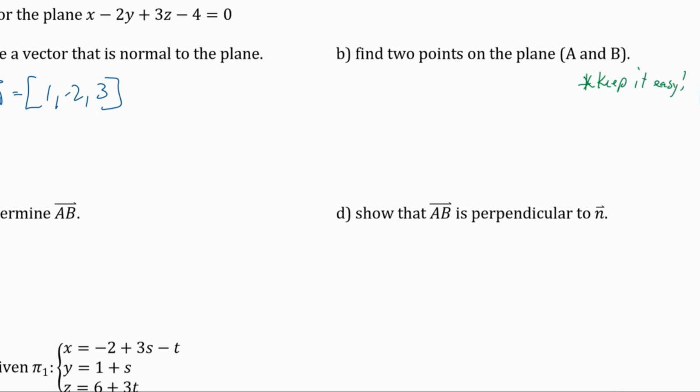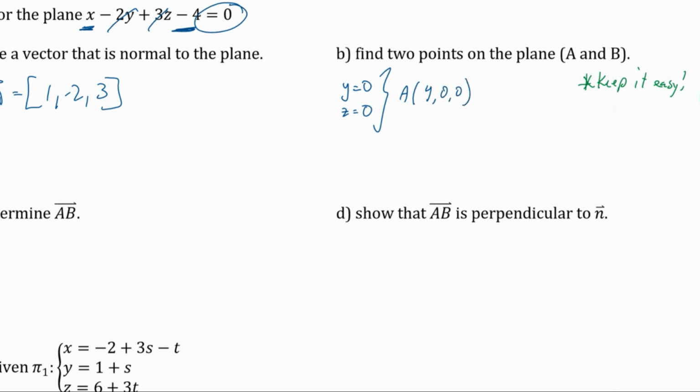So how about I choose some intercepts? What if I set y equal to 0 and z equal to 0? Now I'm looking at that scalar equation. That's going to give me, I'll call it point A, 4 plus 0 plus 0 minus 4 is 0. So I'm really doing this by inspection.